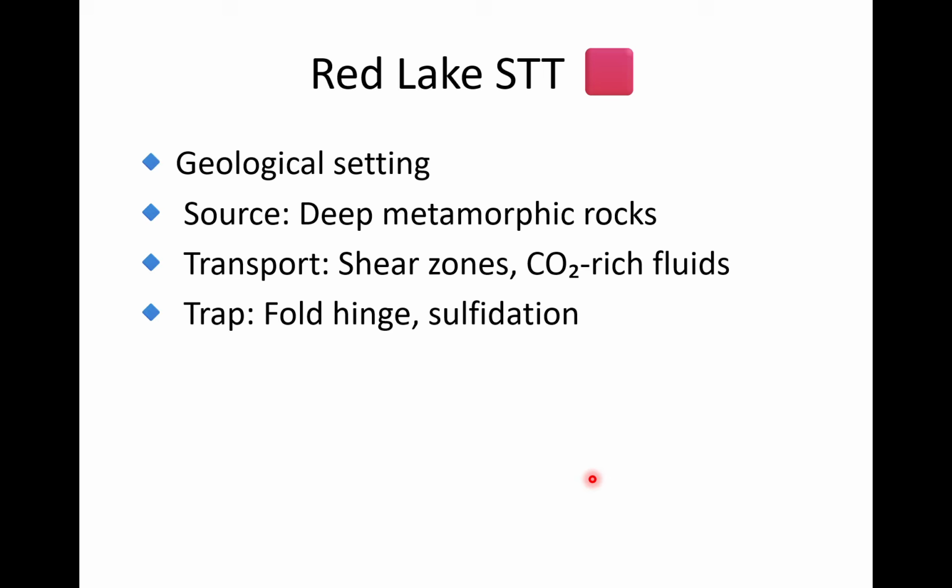In summary, Red Lake's enormous grade and volume resulted from a perfect confluence of STT: a prodigious deep gold source, efficient structural vertical transport, and a trap where structure and chemistry caused rich gold deposition. The fold dilation plus wall rock sulfidation and fluid immiscibility caused this rich gold deposition.